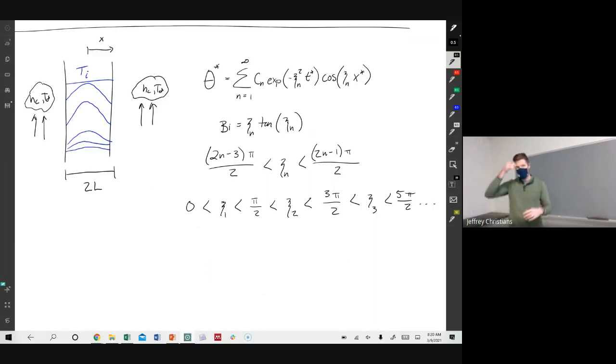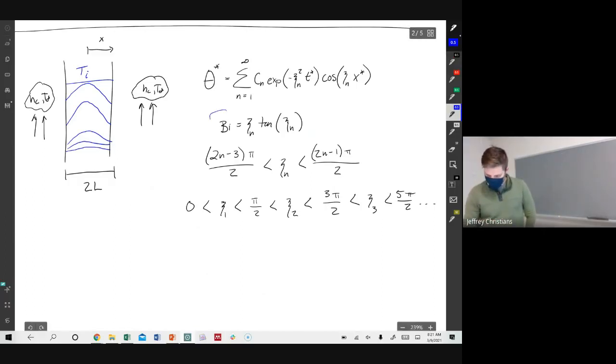And that would keep repeating. So they're not going to be spaced evenly apart, and we'll see that in a second, but they're going to be about pi apart every time. And they're always going to be in that window between 0 and pi over 2, pi over 2 and 3 pi over 2, 3 pi over 2 and 5 pi over 2, 5 pi over 2 and 7 pi over 2. So it's going to be this nice repeating pattern.